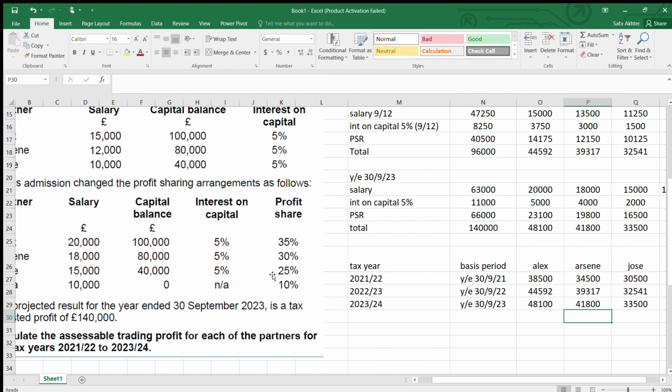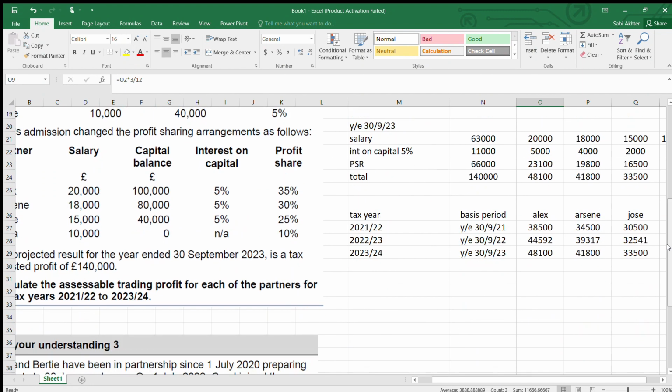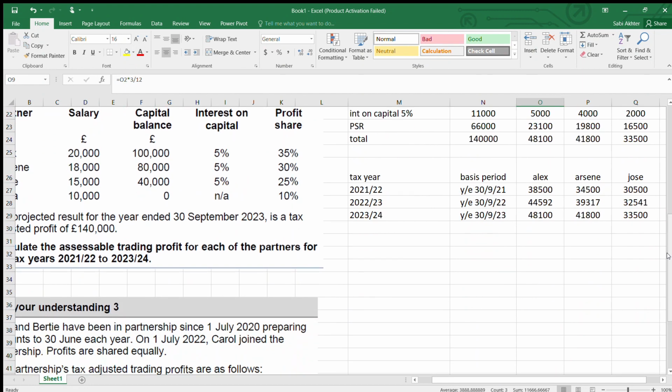You have to take these totals basically. Okay. And for 2022 only, you have to add this and this. But for 2021 and 2023, the basis period, this and this is very simple and small also.